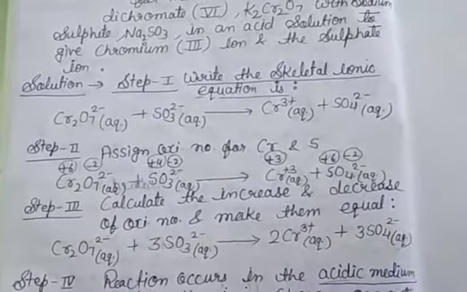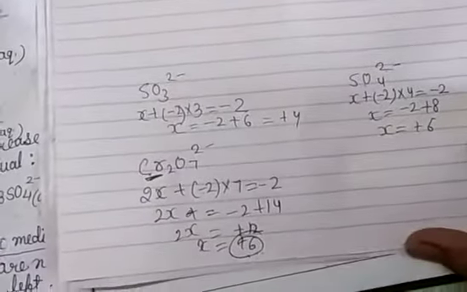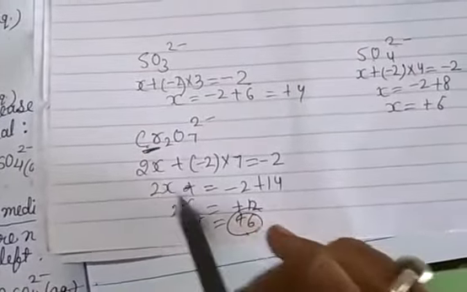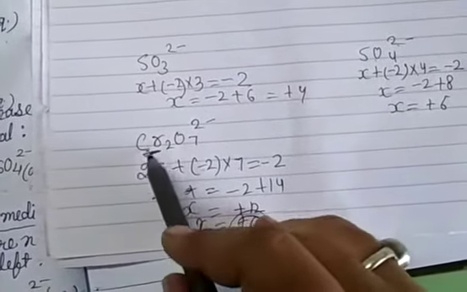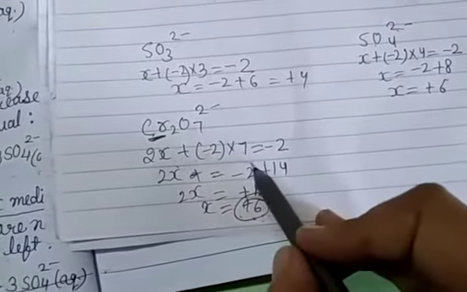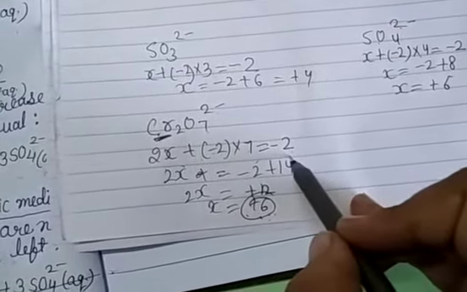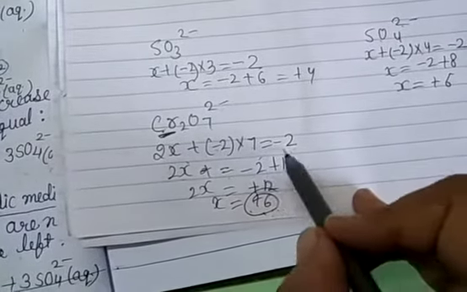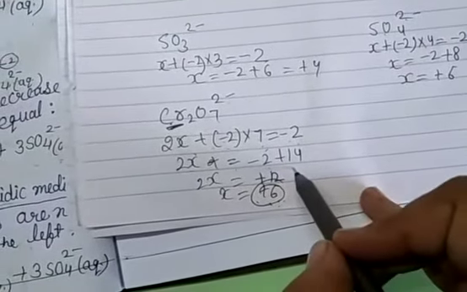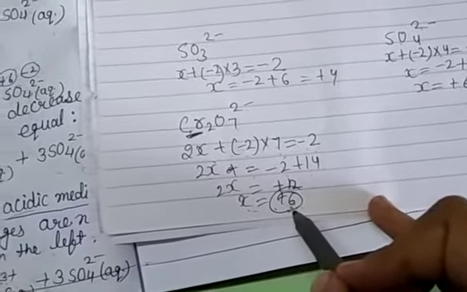So for chromium Cr2, 2x plus oxygen -2 multiplied by 7, and the charge going to the right side is equal to -2. So 2x is equal to -2, and -14 going to the right side becomes plus 14. So calculating, x is equal to +6.